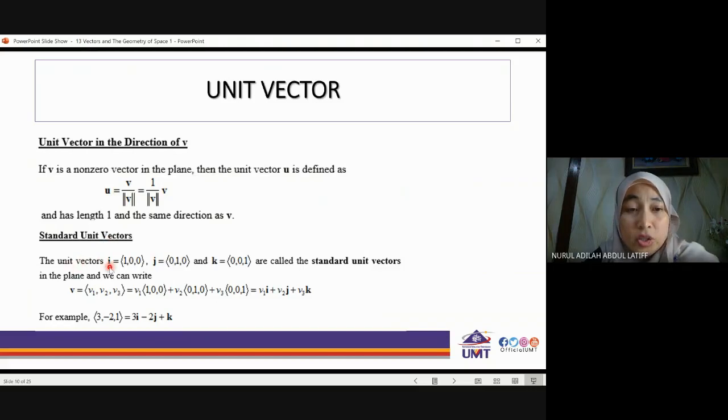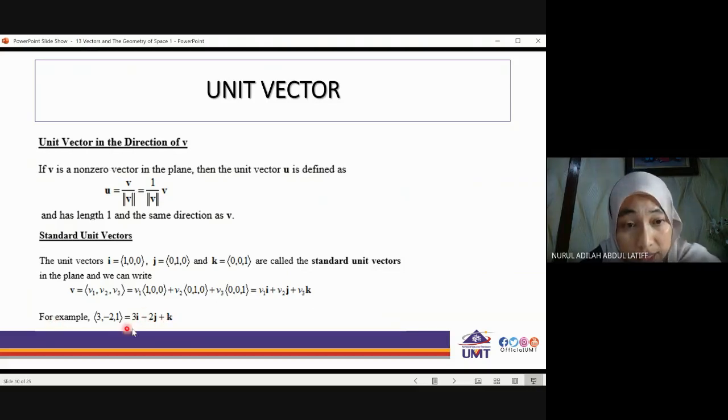Standard unit vectors: the unit vectors i equals (1, 0, 0), j equals (0, 1, 0), and k equals (0, 0, 1) are called the standard unit vectors. Yes, because we can write it like this as well. So remember student, this is like X, this is like Y, this is like Z. For example, (3, -2, 1) can also be represented as 3i minus 2j plus k.